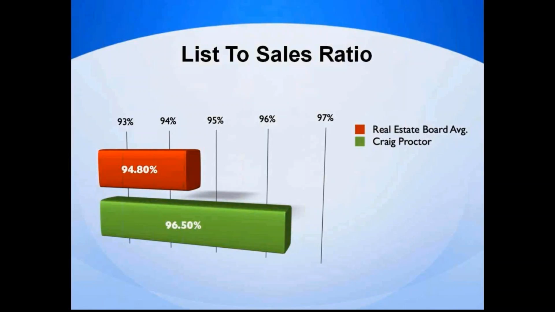Look at the difference between the 96.5 and the 94.8. It looks like it's double, right? Well, there's no reason that the green bar should be twice as long as the red because we're talking a couple percent. But that's why I like to use visuals, because you can really exaggerate your superiority.